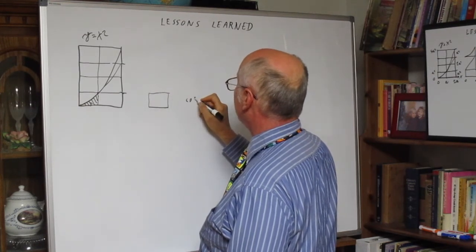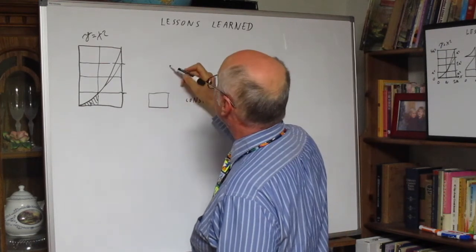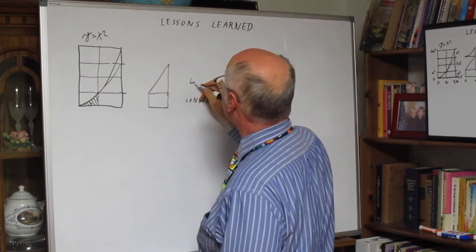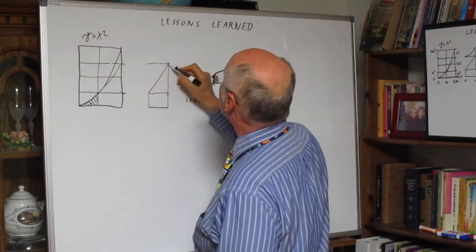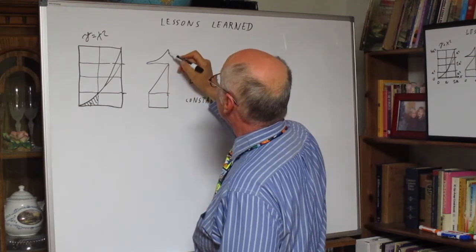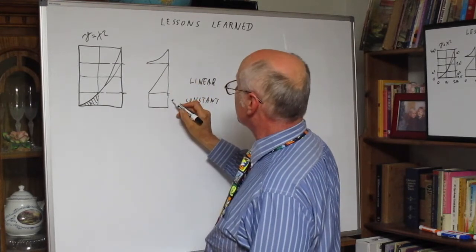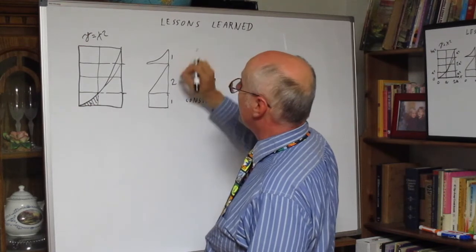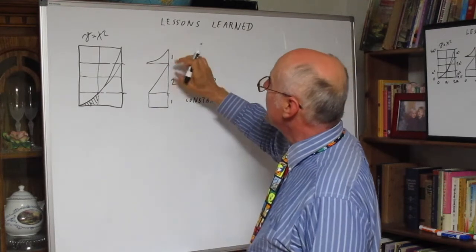A constant, a linear term, linear, and a quadratic. And the tangent gave me the proportions of 1 to 2 to 1. 1, 2, 1. Well, those are the magic proportions that I needed.